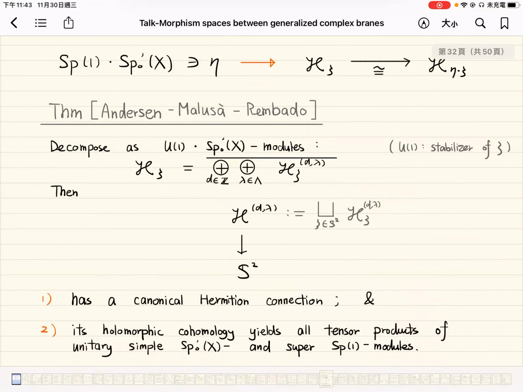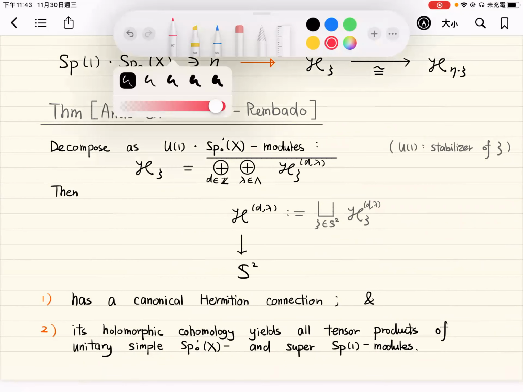Because they have a bigger group, not only SP1, they have the group SP1 dot SP0X, and then if you pick an element eta, it will just transform one Hilbert space to another Hilbert space with another label, the eta applied to zeta here.